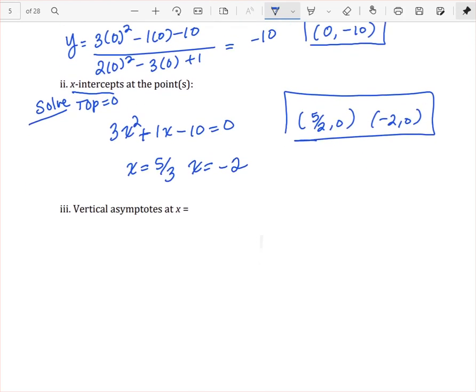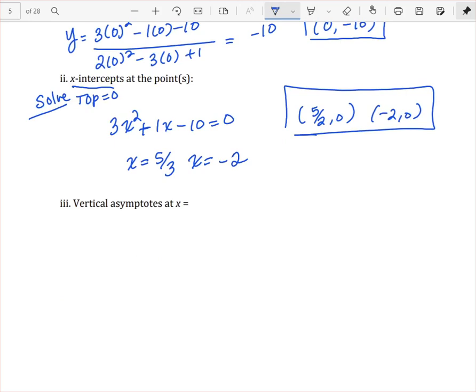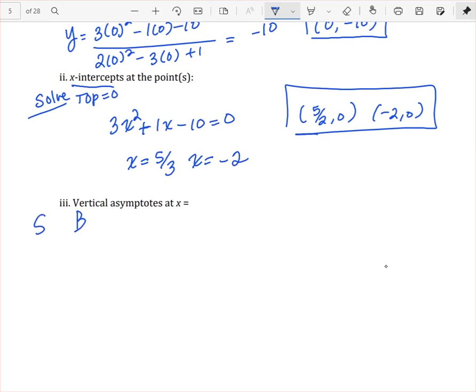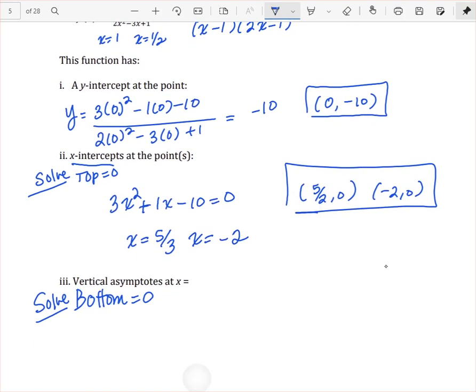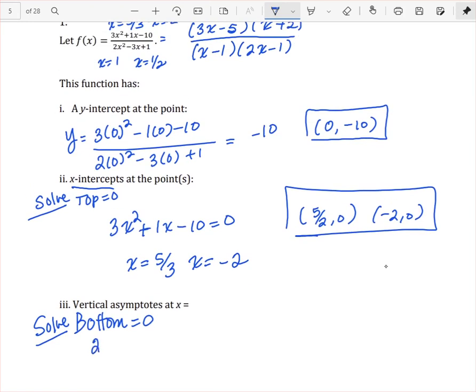The vertical asymptotes are going to come from the bottom. So I'm just going to use the answers that I got from the bottom. So like we got, the bottom was 2x squared minus 3x plus 1 equals 0.